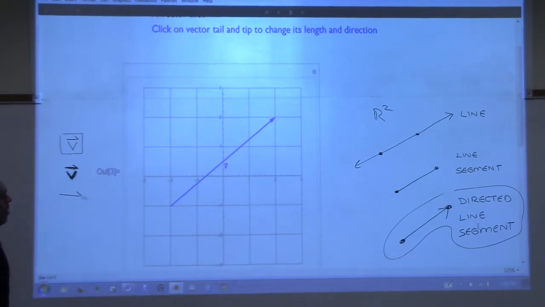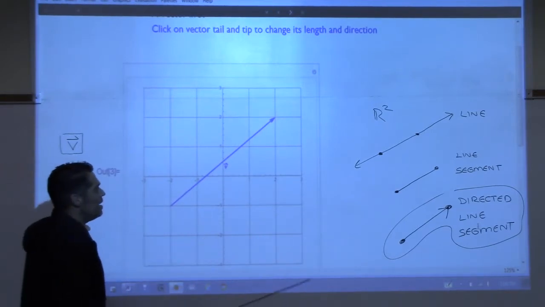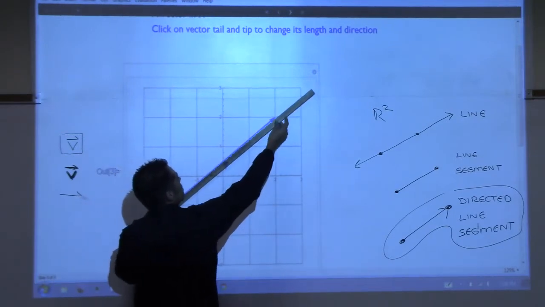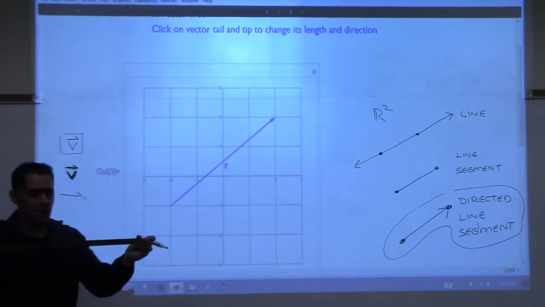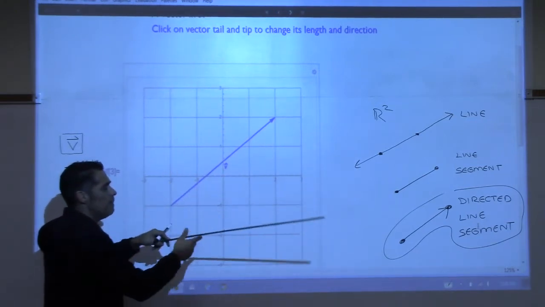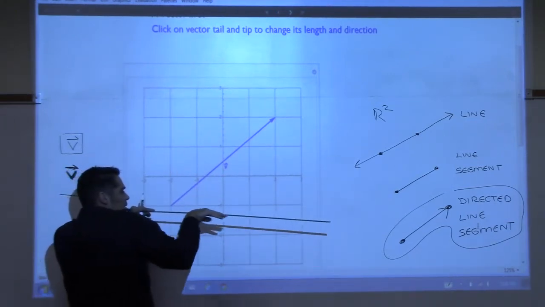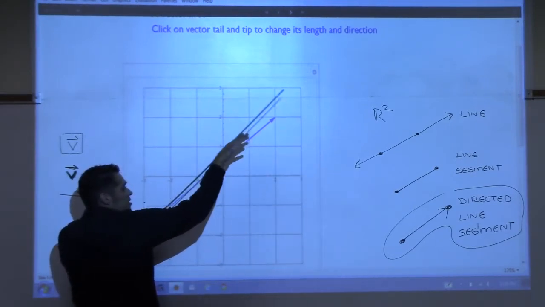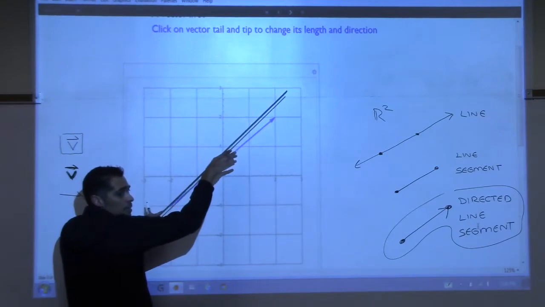Notice that this vector has a length, right? We could measure the distance from here to here. It has some length. It also has a direction. The arrow indicates that if we imagine the x-axis being 0 degrees, then this has some angle, some direction that we could measure.